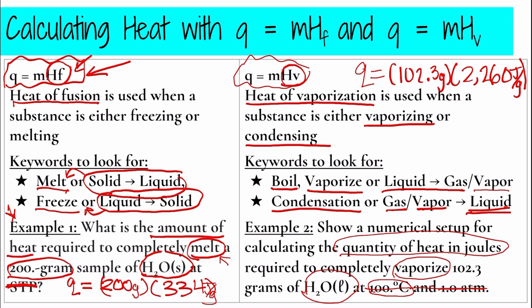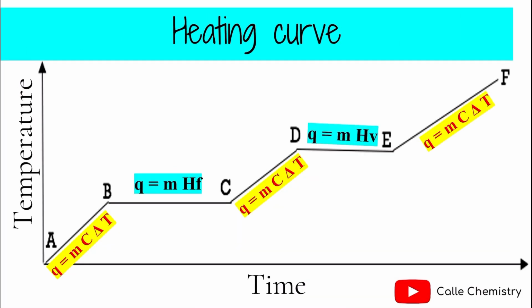Okay, now let's move on to what we were seeing before, which was the heating curve and the cooling curve in the last video. The heating curve, I have it here, of when we would use these equations. So Q equals MCΔT is when the temperature is changing. So when the temperature is increasing from A to B, that is temperature changing.